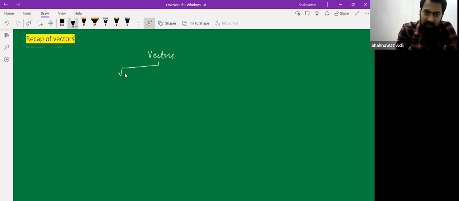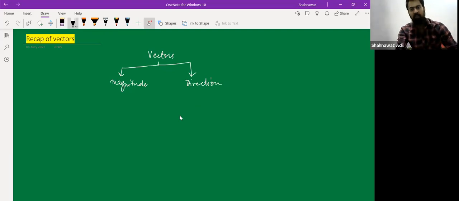The trivial definition is that a vector has magnitude and it has some direction. Whenever you write a vector, you have to write the direction.